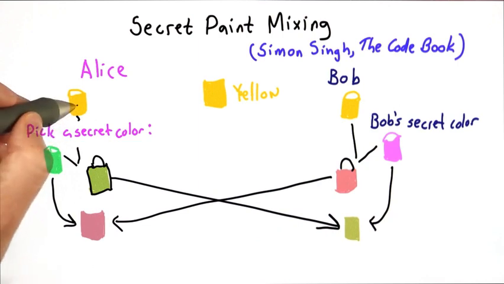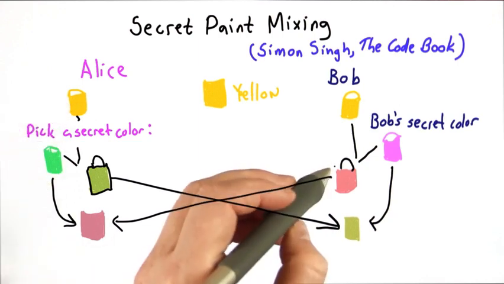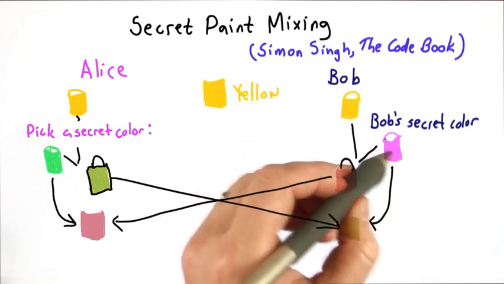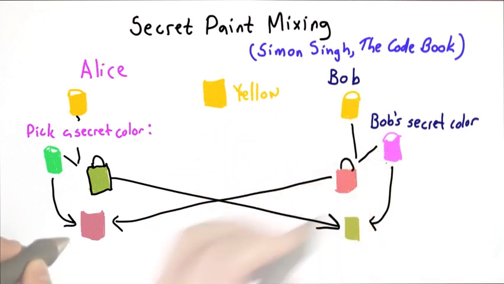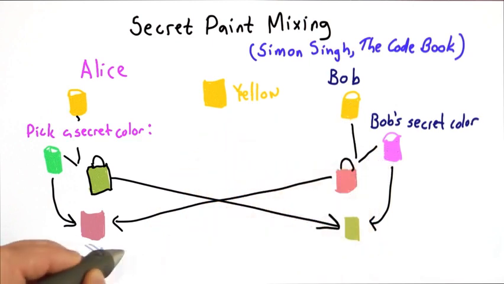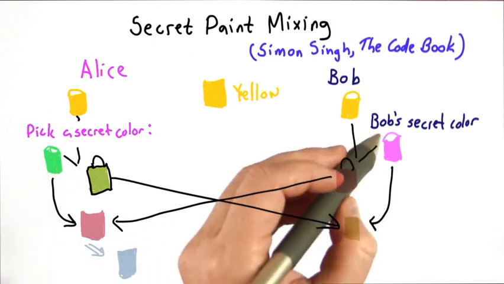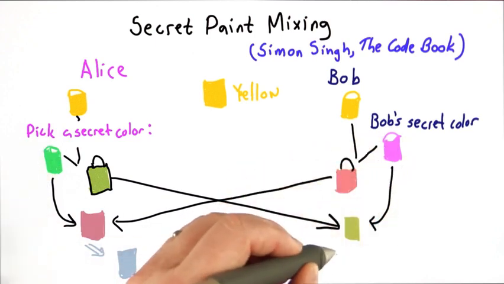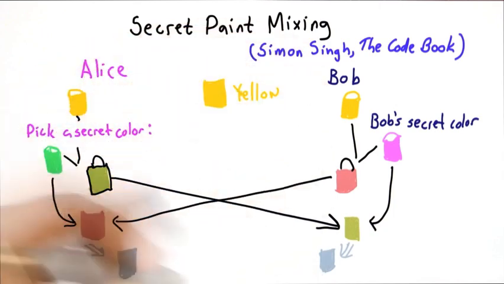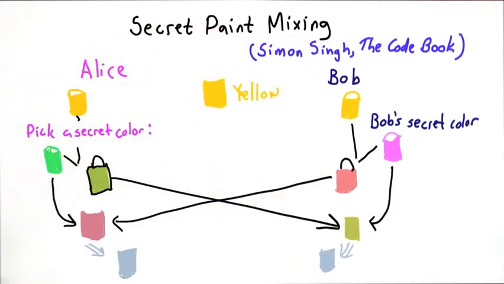So Alice mixed her green with the pink that came from yellow and Bob's secret color. And that'll give some new color, probably uglier than the gray that I'm drawing. But Bob will get the same thing because Bob is mixing the yellow, Alice's secret color, and Bob's secret color and getting the same color out. So this gets them the same color. They've mixed the same three colors together.